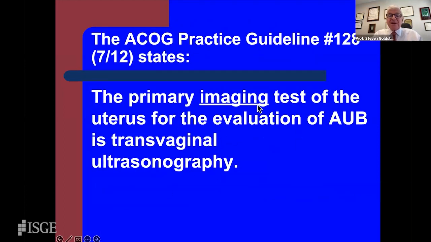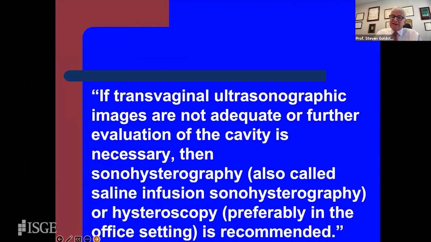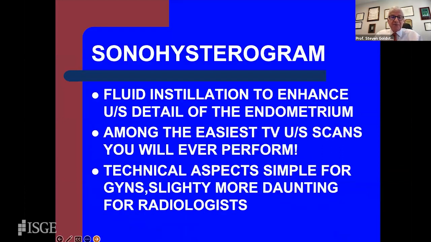It tells us the primary imaging test of the uterus for the evaluation of AUB is transvaginal ultrasound. It says if transvaginal ultrasound images are not adequate or further evaluation of the cavity is necessary, then sonohysterography, also sometimes referred to as saline infusion sonohysterography or SIS, or hysteroscopy, preferably in an office setting, is recommended.